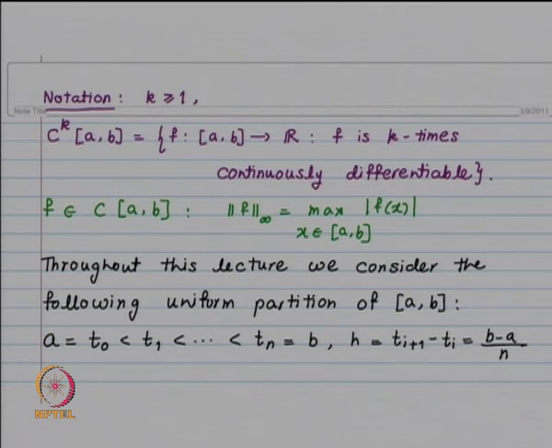Throughout this lecture, we are going to consider the following uniform partition of the interval [a, b]: a is equal to t_0 less than t_1 less than ... less than t_n is equal to b. For i equal to 0, 1, up to n minus 1, t_(i+1) minus t_i is equal to h, which is equal to (b minus a) by n.